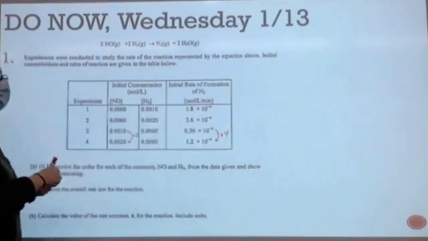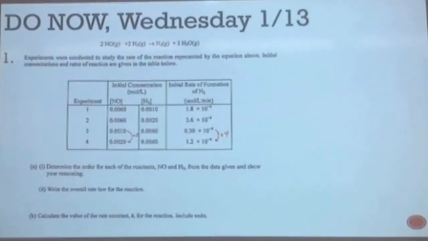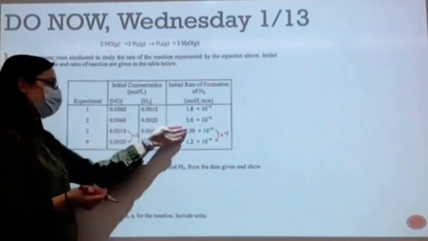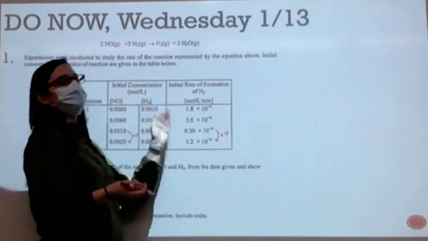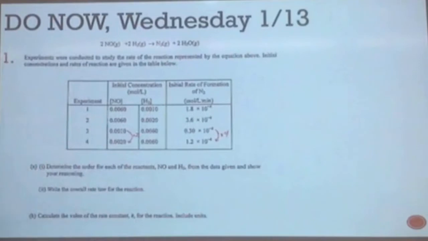So remember, we look at 0, first, and second order, typically. 0 order means that concentration, you can change it as much as you want. The rate's going to stay the same. First order, whatever you do to the concentration, you do the same thing to the rate. Second order, whatever you do to the concentration, you do that squared to the rate.